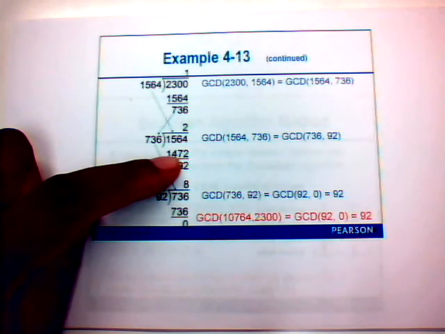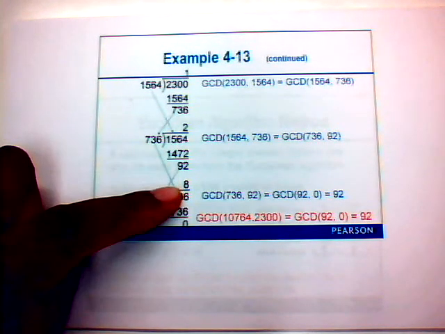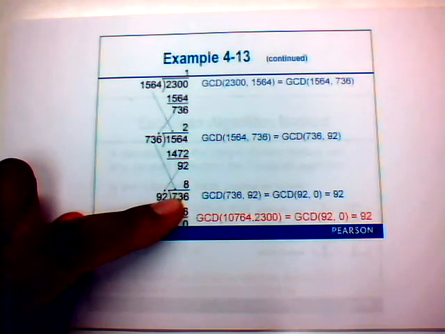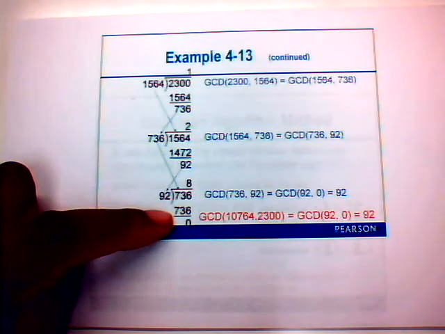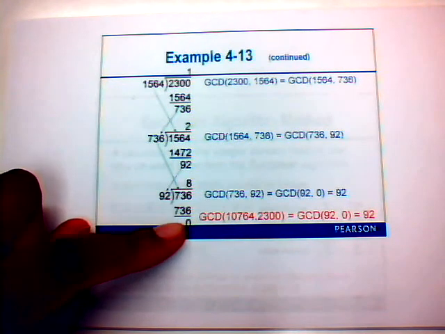Still not 0, so we take that 92, which will be our divisor, divide that into the old divisor of 736. So 92 goes into 736 8 times. So 8 times 92 will be 736. Subtract that from the 736, you now have your remainder of 0.